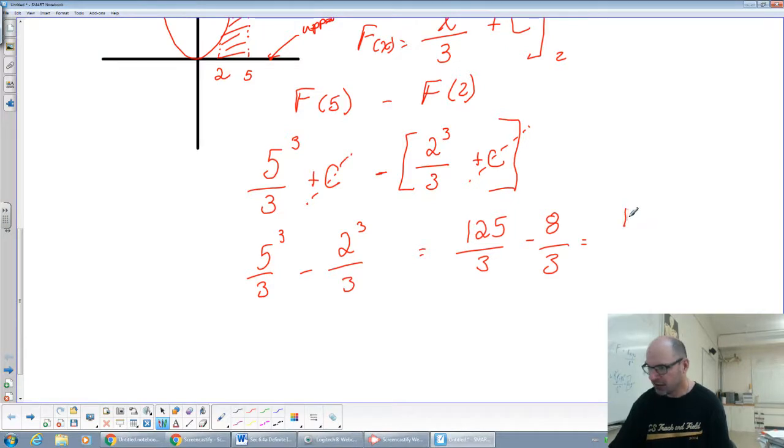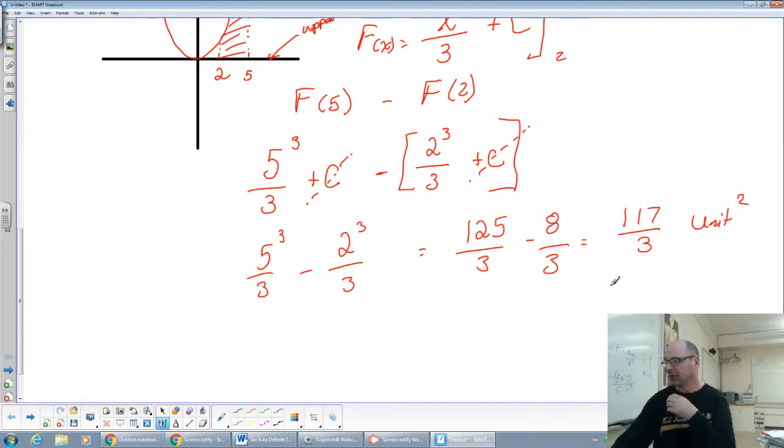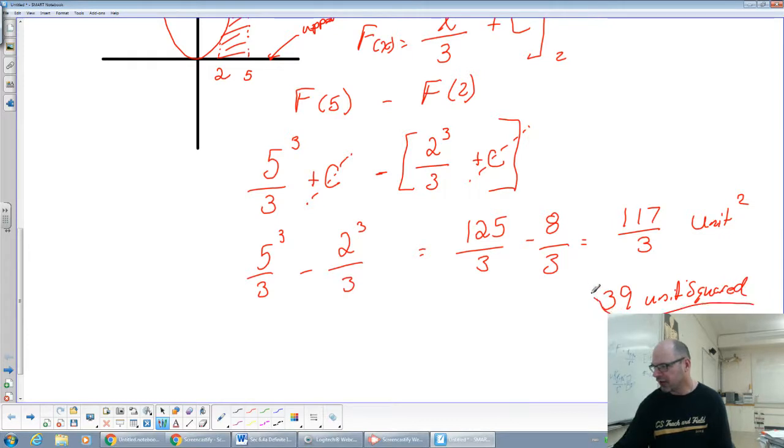So that's 117 over 3 square units. Or if you like to put it as a mixed fraction, I think this works out evenly, doesn't it? 3 into 11 goes 3 times with 2 left over, 3 into 27, so this would be 39 units squared. And there's our area under the curve, 39 square units.